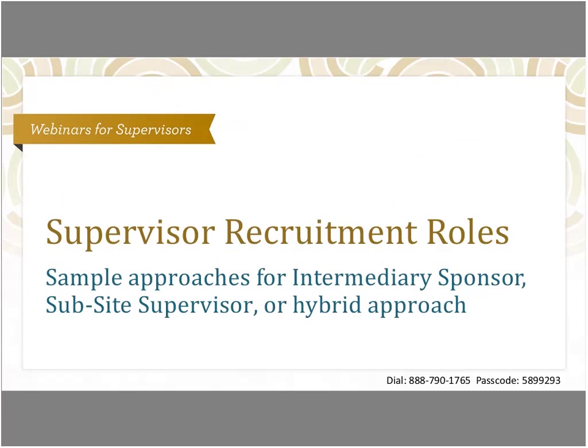So let's look at the supervisor recruitment roles. We have on this call some intermediary supervisors, single site, sub-site supervisors, some leaders, and others who are a part of this call. And we're looking at 3 different roles for recruitment, one with the intermediary recruit.